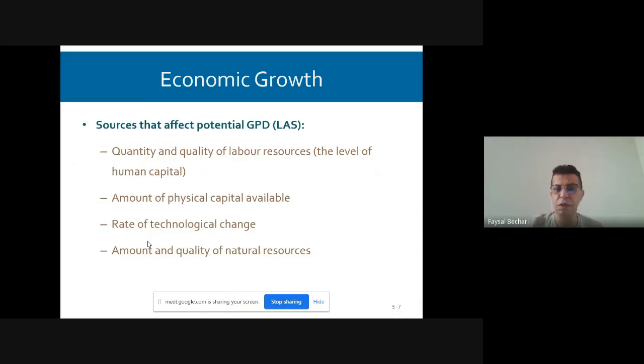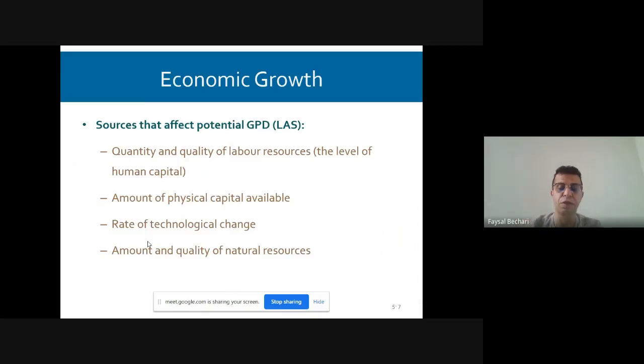Then the rate of technology change. Technology affects the output of one farmer: if ten years ago he produced 10 units, because of technology the same farmer produces 100. So technology affects production, which affects the long-term aggregate supply, which affects the potential GDP.